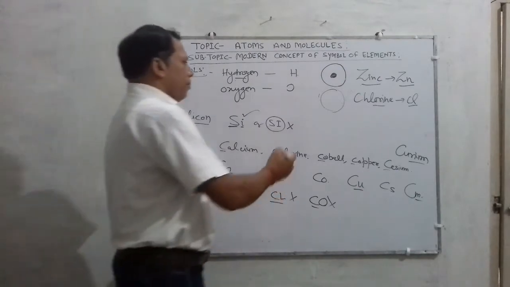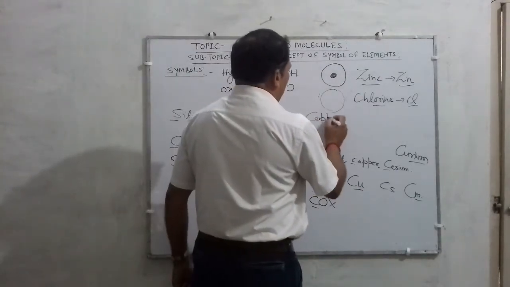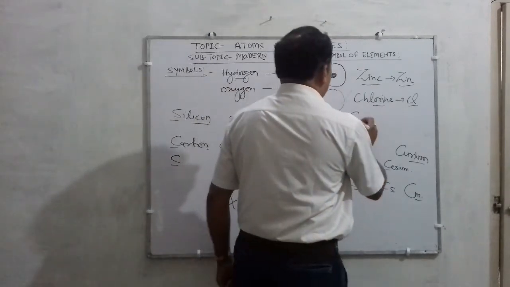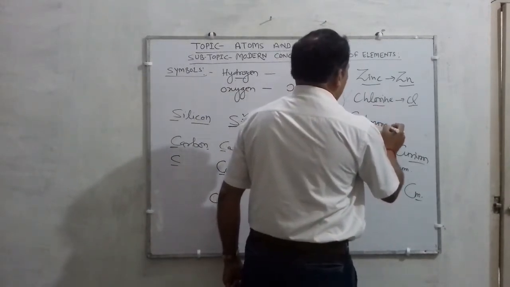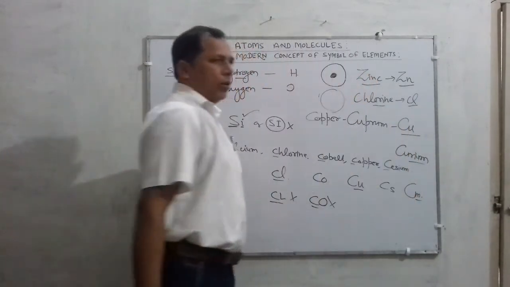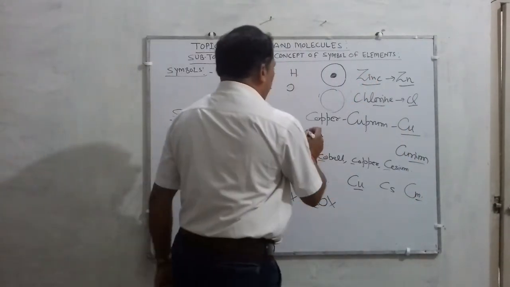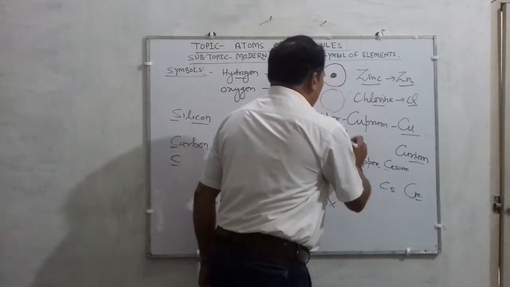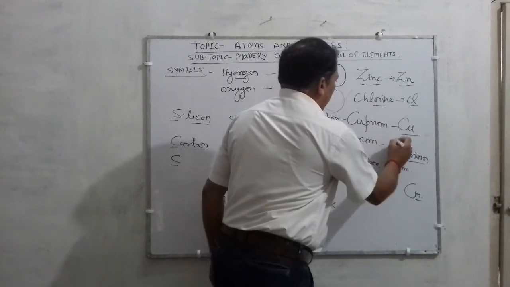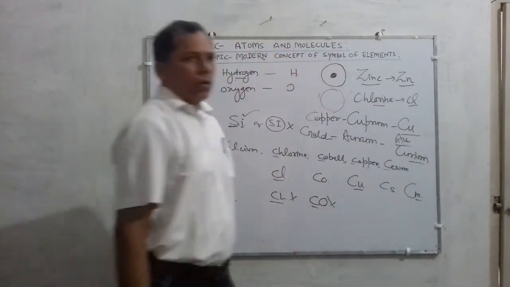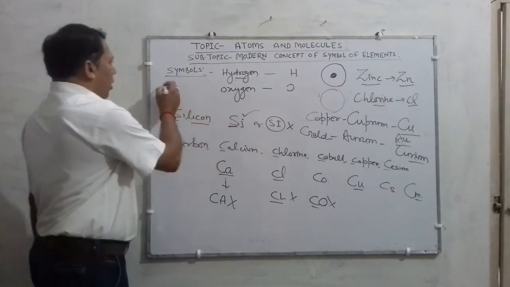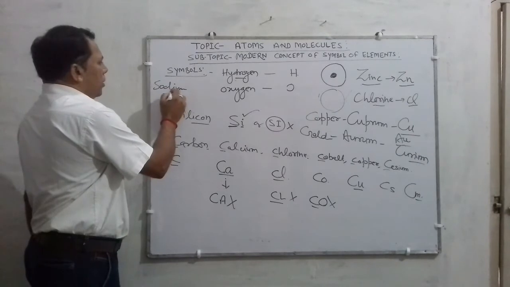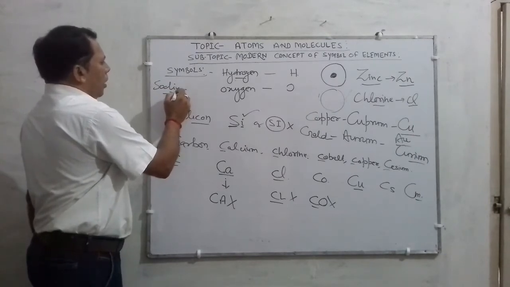For example, copper is taken from the Latin name cuprum, so the symbol becomes Cu. Similarly, you have heard the name of gold. Gold is taken from the Latin name aurum, and the symbol is Au. Similarly, you have heard the name of sodium. Sodium is taken from the Latin name natrium.